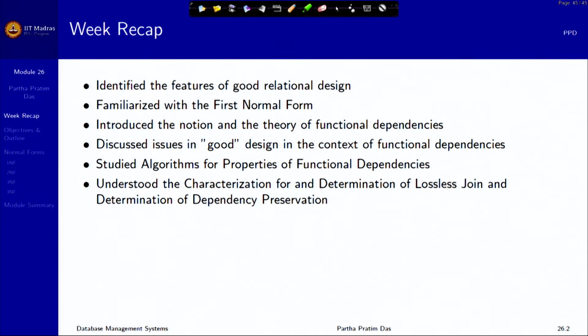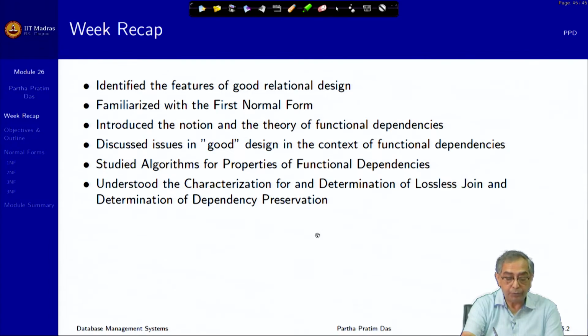In the whole of last week, we covered various aspects of it, starting from the basic notions of good design at multiple places, the theory of functional dependencies, different properties of functional dependencies, algorithms for functional dependencies, and characterization of lossless join and dependency preservation, which are key properties for having a good decomposed relation.